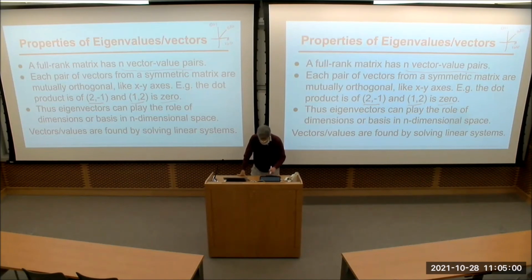Every pair of the axes are 90 degrees apart from each other. They're orthogonal to each other. So one other important thing about eigenvectors is that they can play the roles of dimensions in a space. Any questions about that?